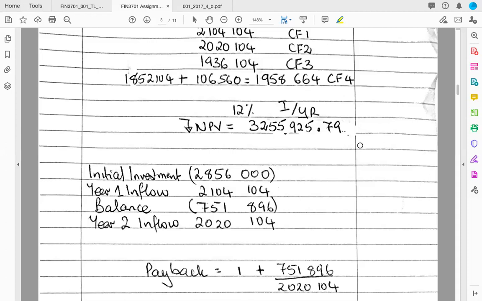Let me just try to put that example again. I think I had put 200,000 as the initial investment.